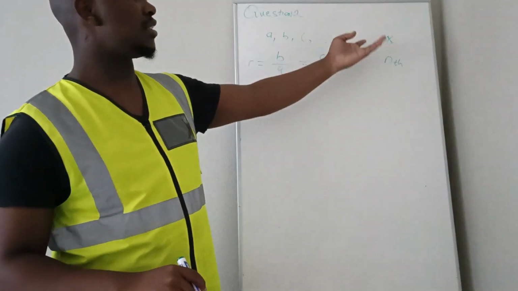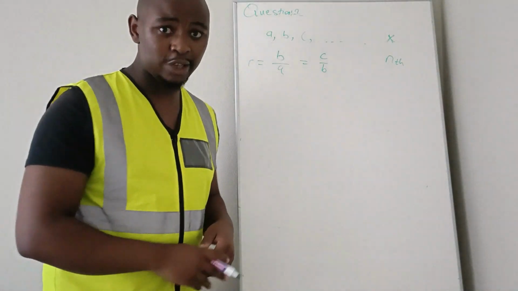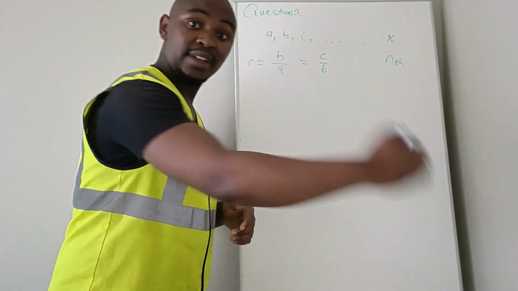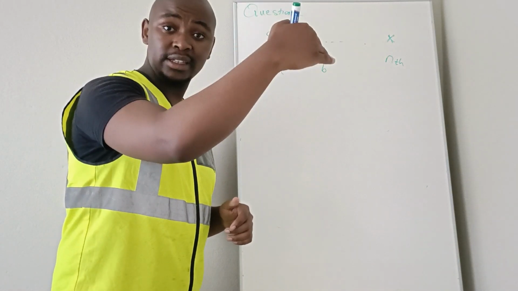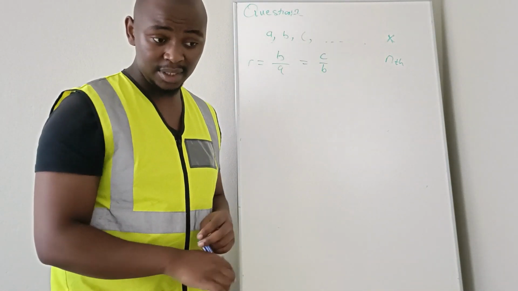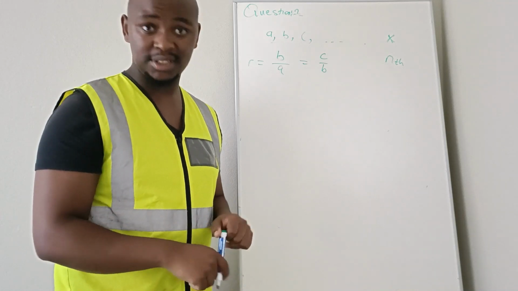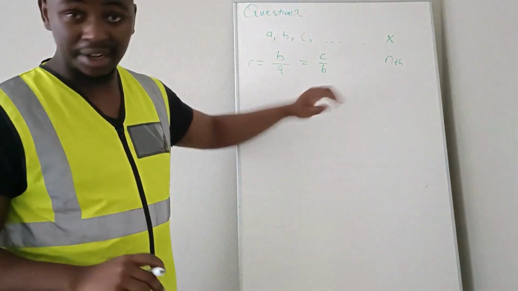So if we look at term number 7, then we'll look at the ratio between terms 7 and 6. So the term 7 divided by the value in term 6. So that is a ratio.